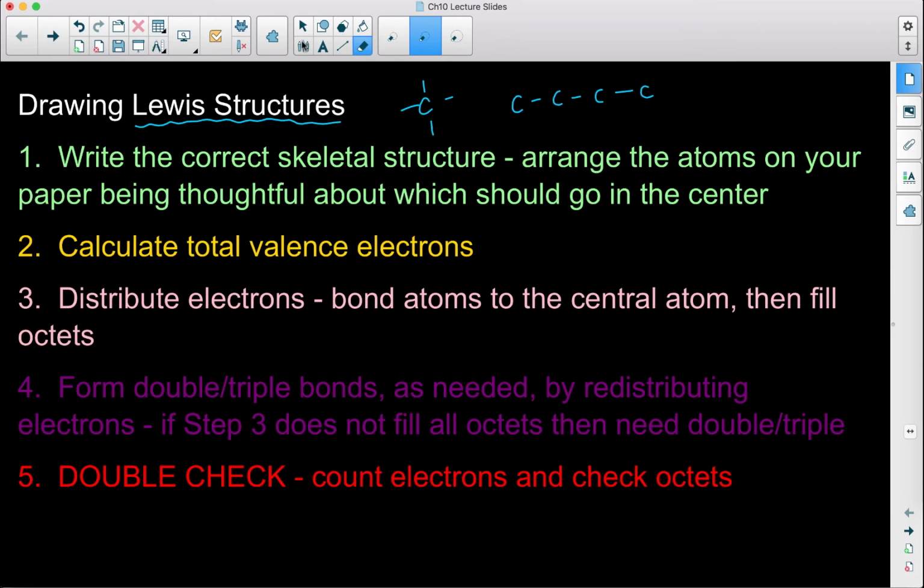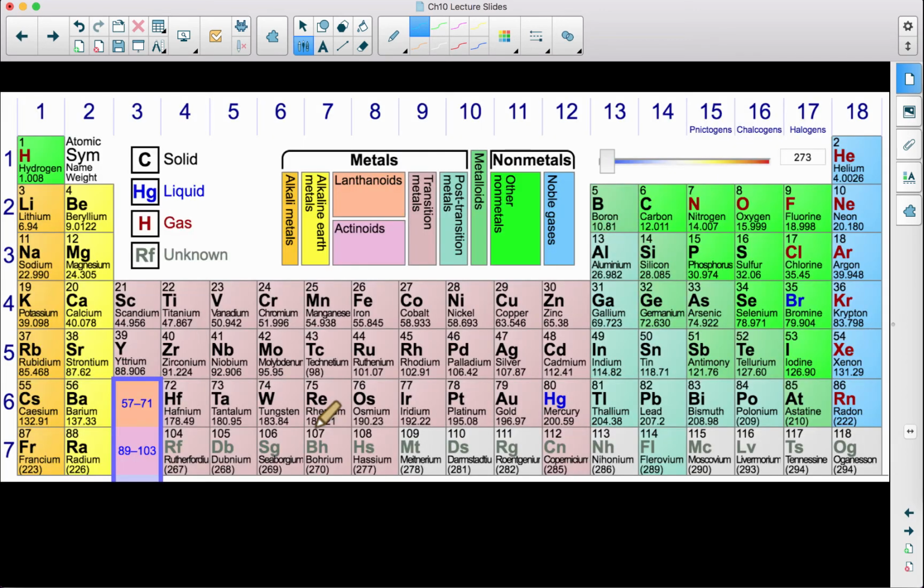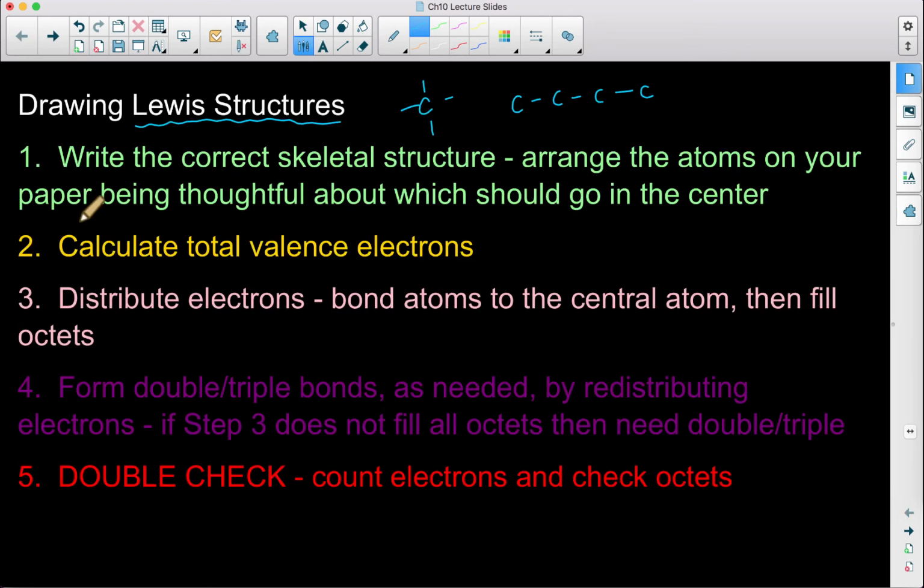Okay, moving on, rule number 2 says we're going to count the total number of valence electrons. So why are we going to count valence electrons? And why only the valence electrons? Why don't we care about everything else? For example, for beryllium, why would it be 2 instead of 4? Because, going back to definitions we've been talking about all year, valence electrons are the outermost ones, which means they're the only ones available for bonding.